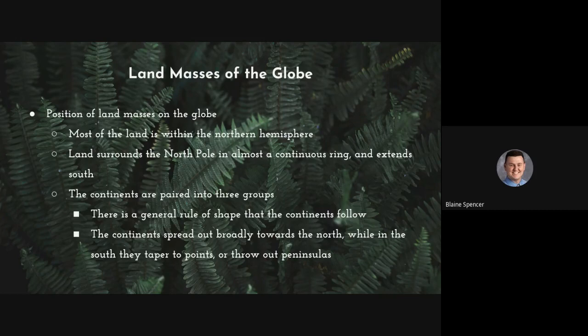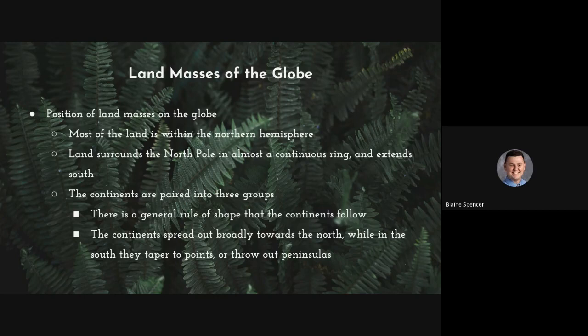And so with this, there is a general rule of shape that the continents follow. Each one has its unique shape, yes, but there are general principles within each one. The continents spread broadly towards the north, while in the south they taper to points or throw out peninsulas. Just think about Asia. It's huge. It stretches out broadly across the north.